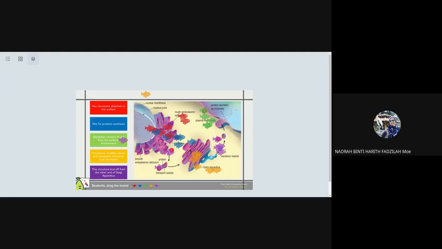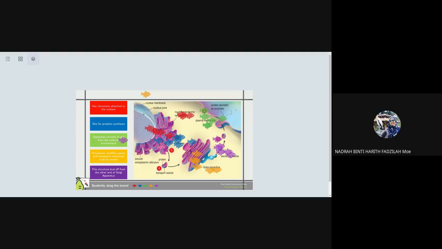So, mana-mana bintik yang macam bintik jerawat warna biru on top of the rough endoplasmic reticulum tu, kamu boleh hantar ikan kamu pergi situ. Tak ada masalah. So, ikan tu berada pada on the surface of rough endoplasmic reticulum. Kan yang ada nampak titik-titik biru tu, itulah position ribosom.